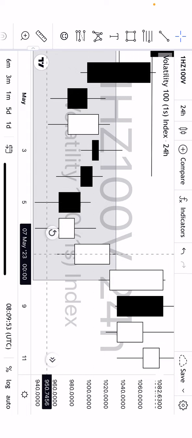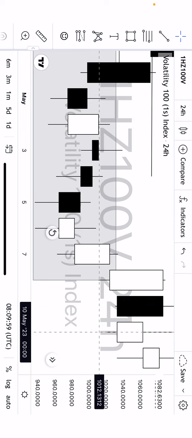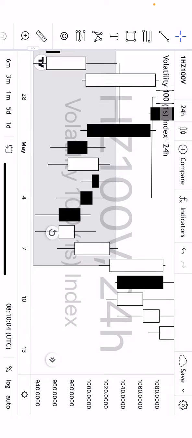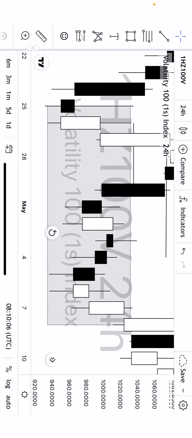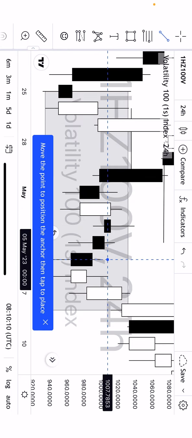This black candle is still our order block. But after the movement, after the creation of this black candle, do we have a fair value gap? Do we have a fair value gap, or the market had already tested it? So let us look out for that, guys.